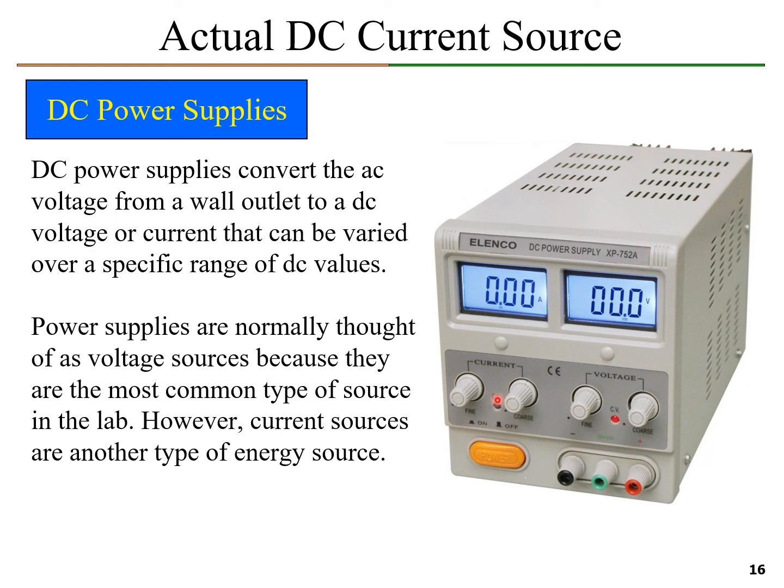This CC right here, that's kind of hard to see, means constant current. This CV right here means constant voltage. So if we're going to use this power supply as a constant current source, we would manipulate these two control knobs right here.